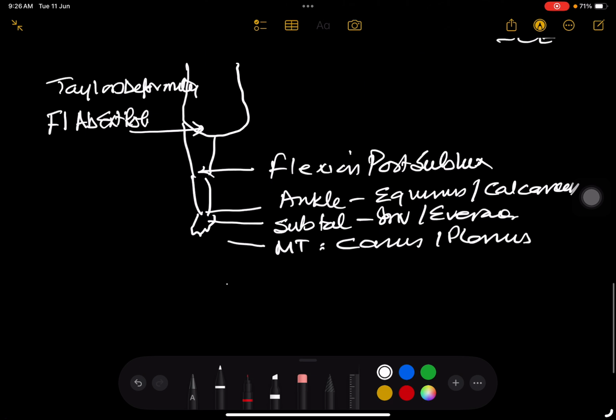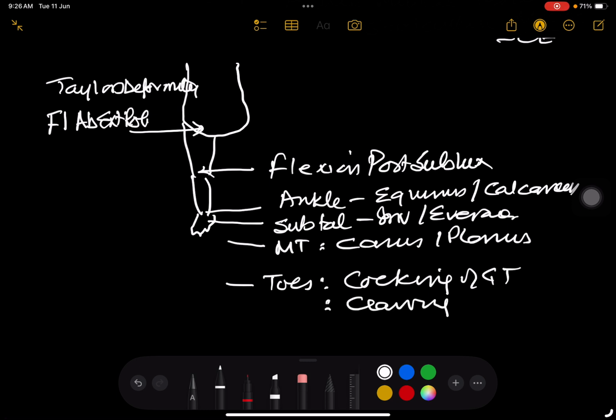In the toes, cocking of the great toe, clawing of the great toe. It's not really clawing, it is called hammer toe, which is for the first, and clawing for the rest.